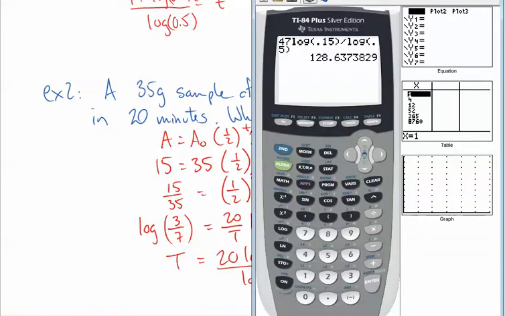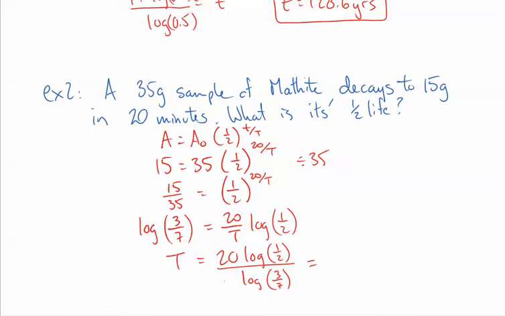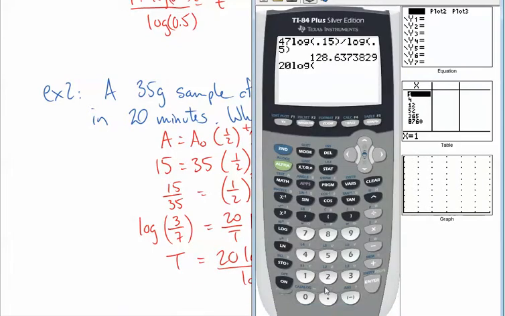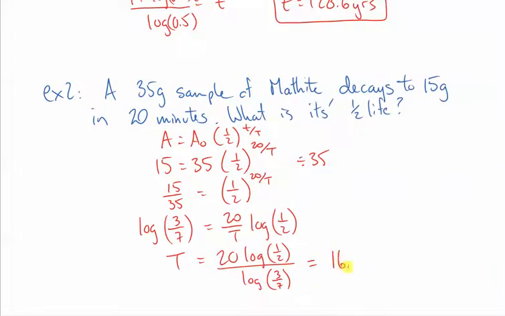It was 20 log 0.5, bracket, divide, log 3/7, close bracket, enter. 16.4. So 16.4 minutes is the half-life.